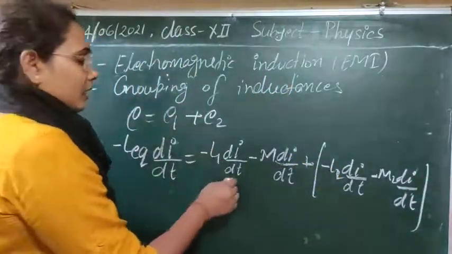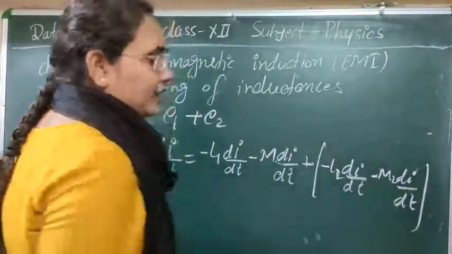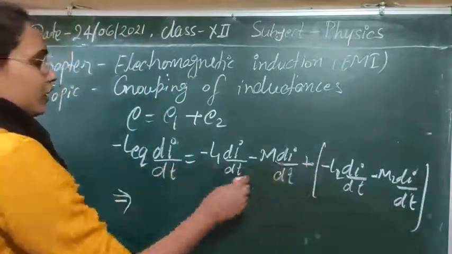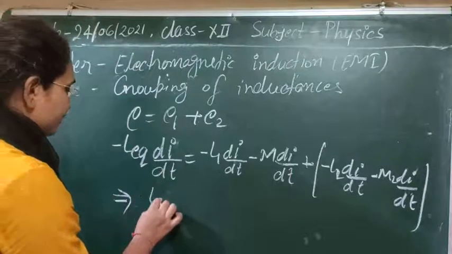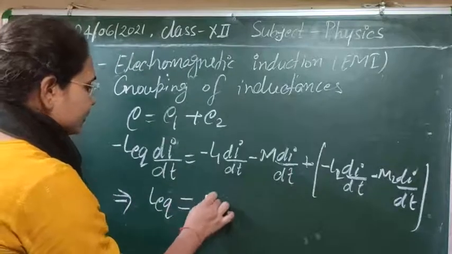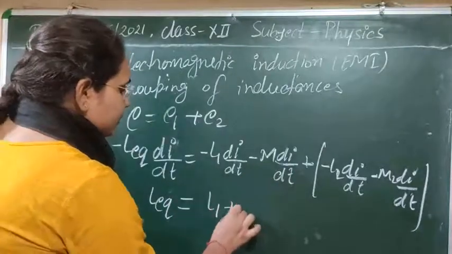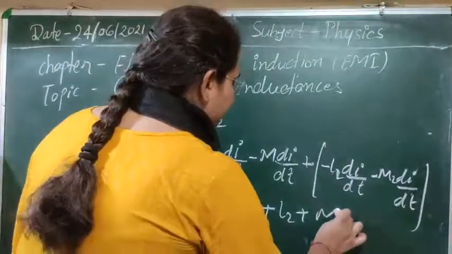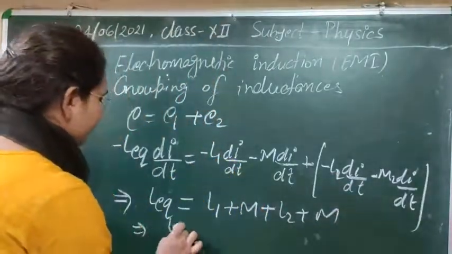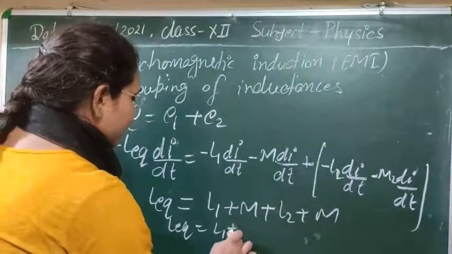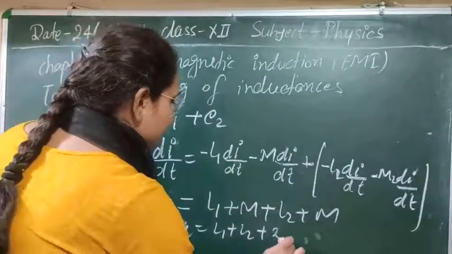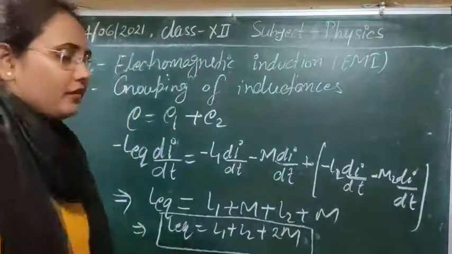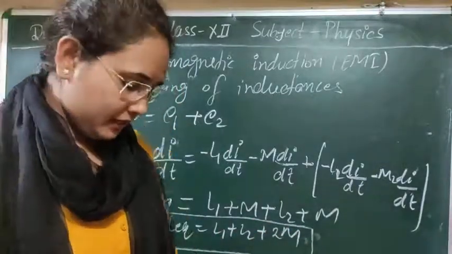Now we can take di by dt common and cancel it out, and the minus can also be cancelled. So we get L equivalent equal to L1 plus M plus L2 plus M. Finally, L equivalent is given by L1 plus L2 plus 2M. This is our final answer for the question.